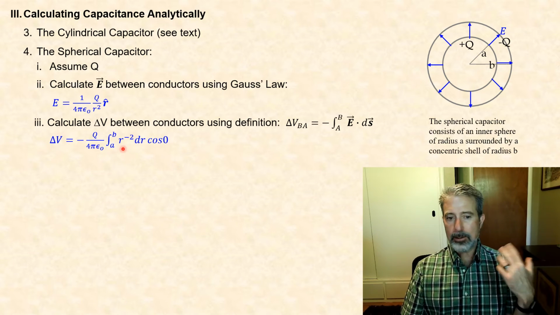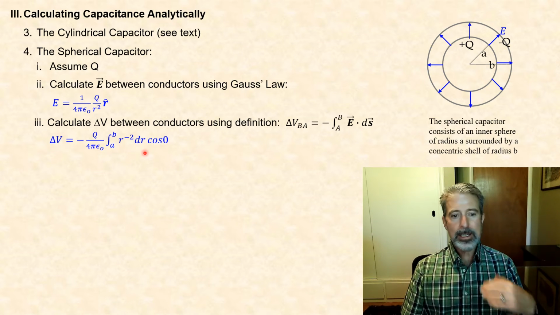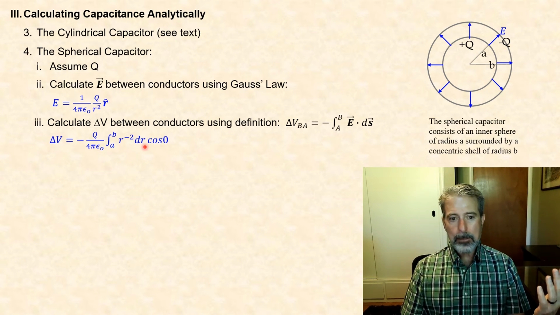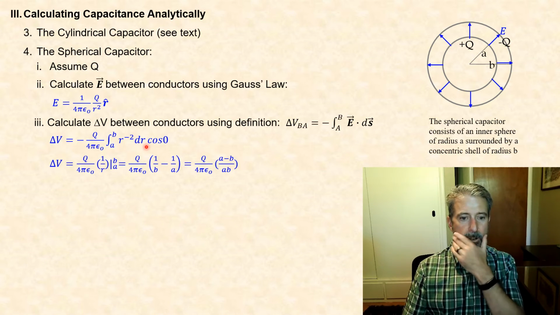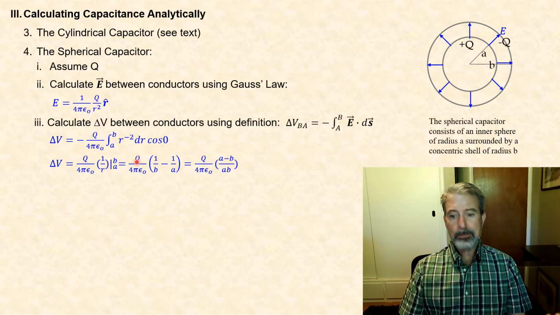Evaluating the integral, a very simple polynomial integral of r to the minus 2 dr is simply r to the minus 1 divided by minus 1, and when we plug in our limits of integration, from a to b, that gets us to this point here, Q over 4 pi epsilon naught times 1 over b minus 1 over a.